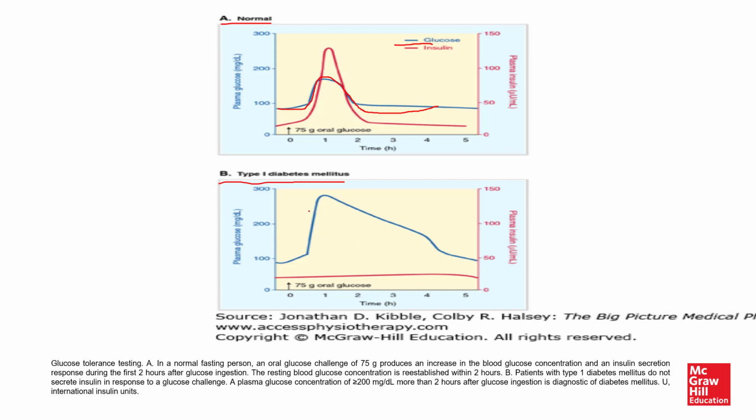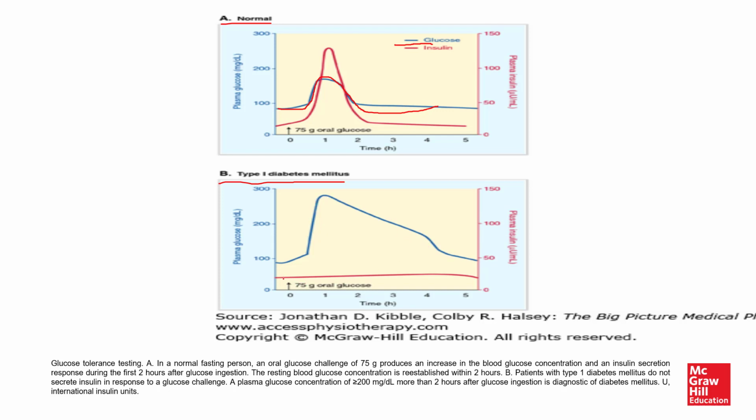Now, a type 1 diabetic, remember, does not produce any insulin. So when they take in a bolus of glucose, blood glucose elevates quite dramatically, and it stays elevated for a prolonged period of time.